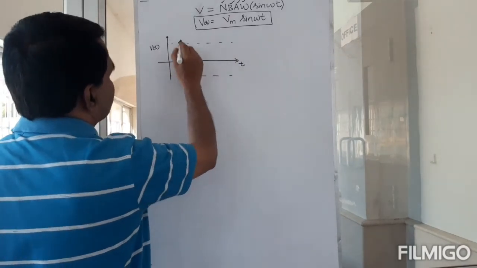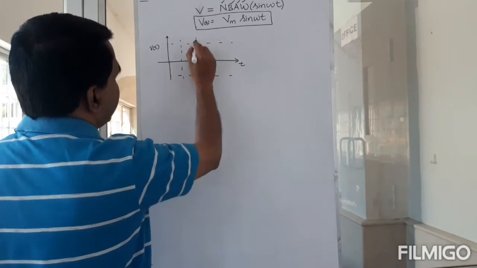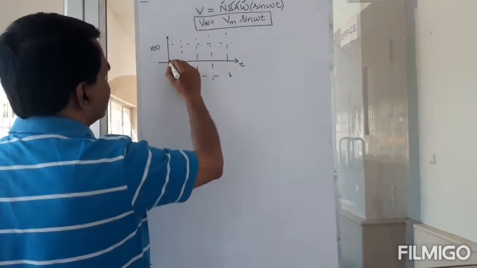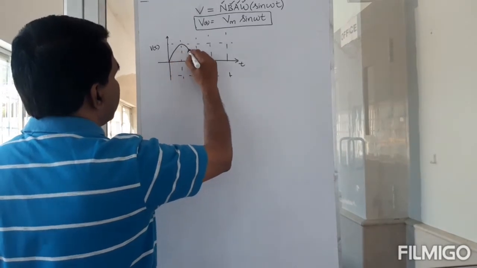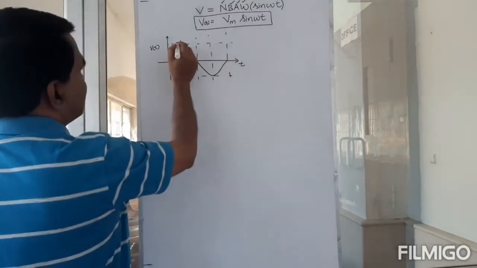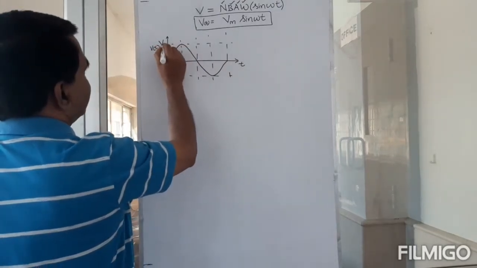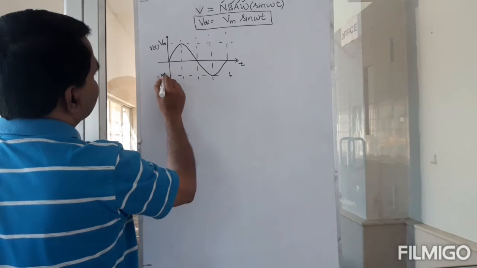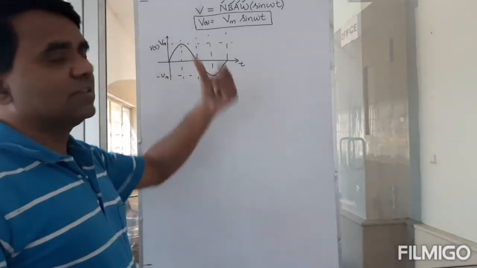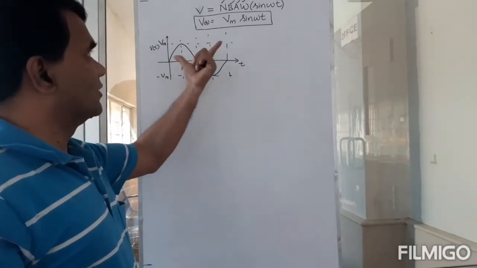This will be the maximum, right? I'm going to do it for one cycle, and this peak is Vm, and this will be negative Vm. Okay, so this is the sine curve. This is how the AC voltage is going to look like.